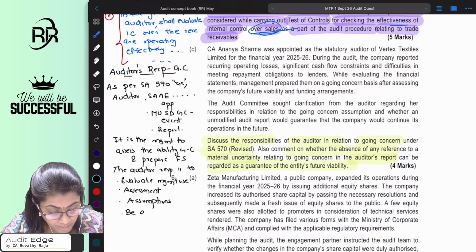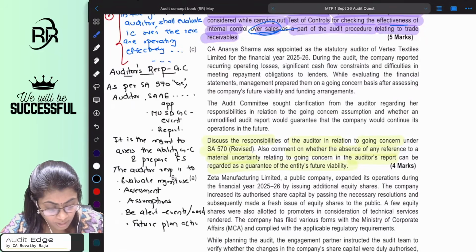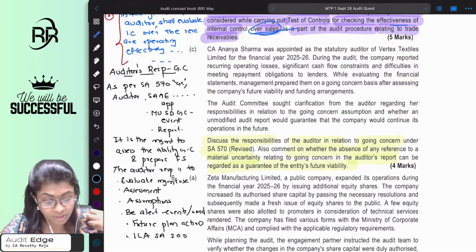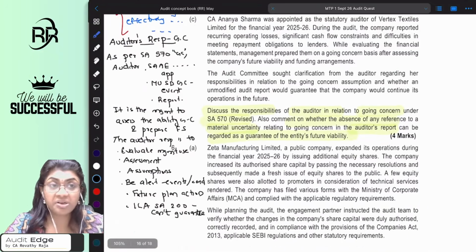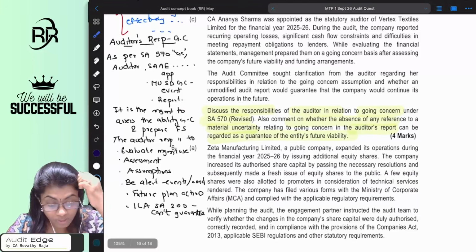Auditor shall be alert regarding the events or conditions. Then he shall check whether the future plan of action is viable. However, as per inherent limitations of audit as per SA 200, he cannot guarantee regarding the future. Cannot guarantee. This much in bullets I've written, all this you have to elaborate.